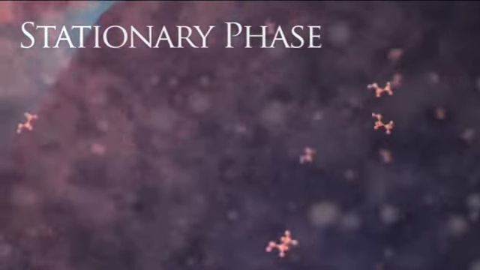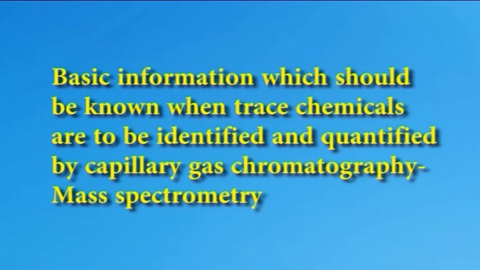Selection of quantifying ions directly affects mass spectrometry identification and detection limit. Here follows some basic information which should be known when trace chemicals are to be identified and quantified by capillary gas chromatography mass spectrometry and things which should be considered when undertaking it.